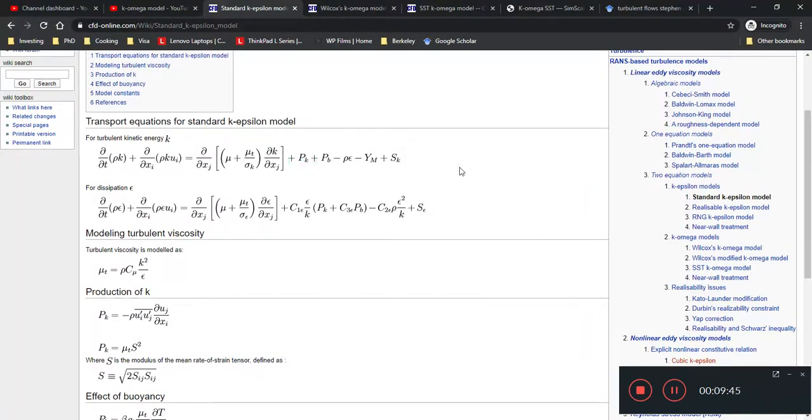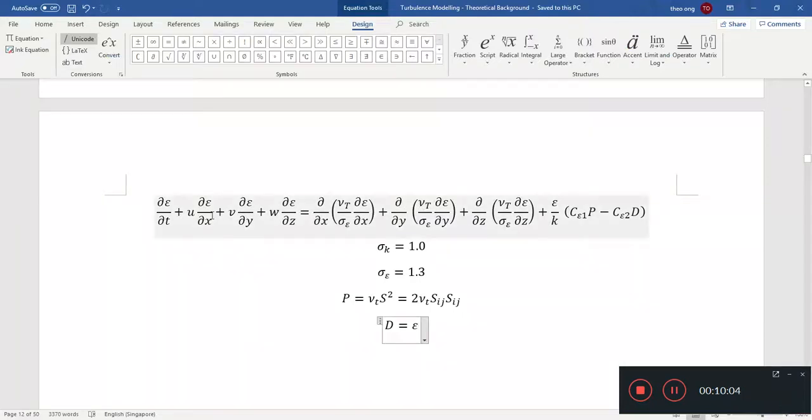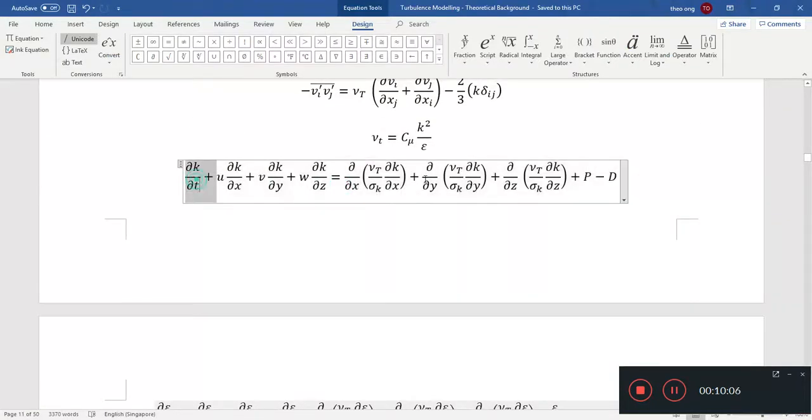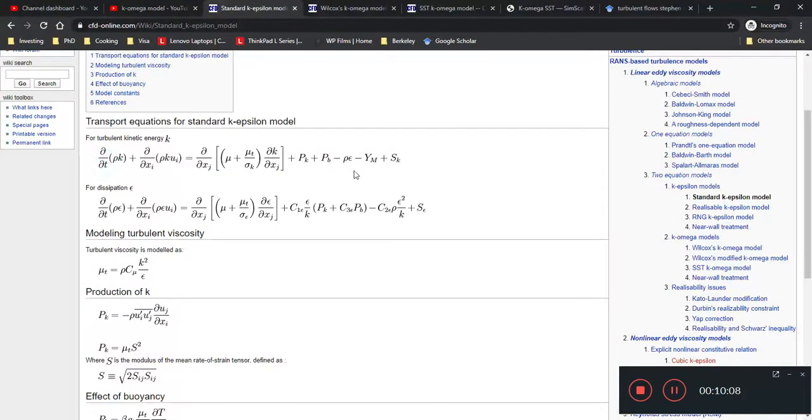If you were to compare to this model here, I only consider this P_k, which is the production of k, and this rho epsilon. Of course, I divided it through by density, unlike here where you multiply the density in, so that the destruction term is just epsilon.